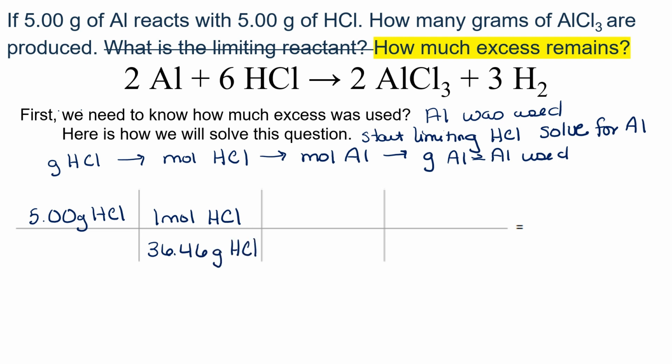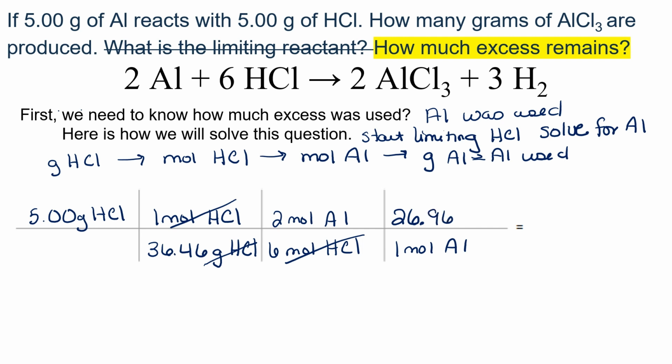So for every 1 mole of hydrochloric acid, I have 36.46 grams. There's 6 moles of hydrochloric acid in my balanced equation for every 2 moles of aluminum. And then for every 1 mole of aluminum, I have 26.96 grams of aluminum. And after I put that in my calculator, I have 1.23315 grams of aluminum, and that's how much was used.